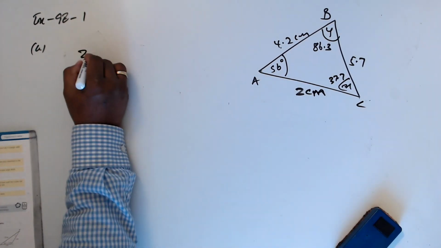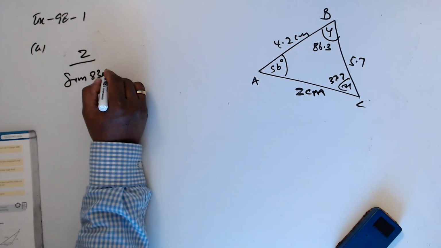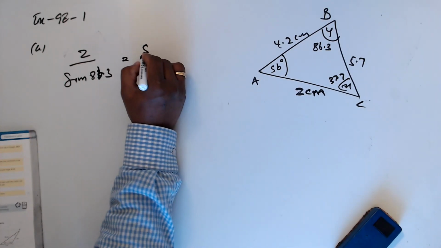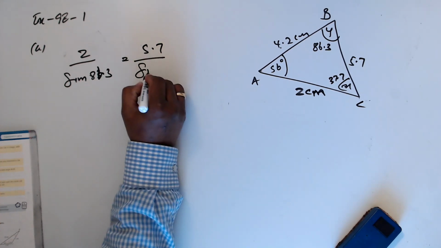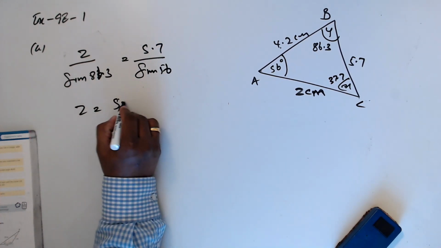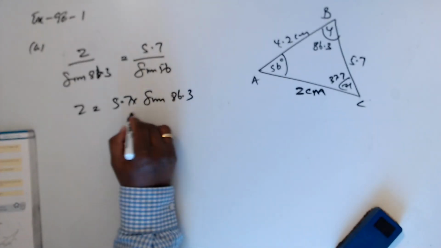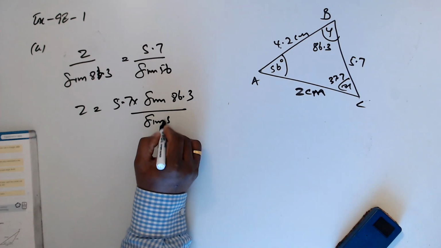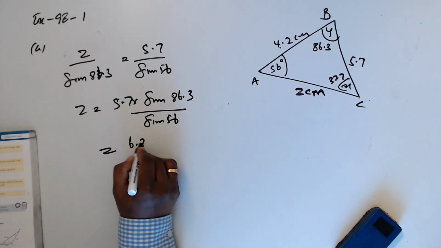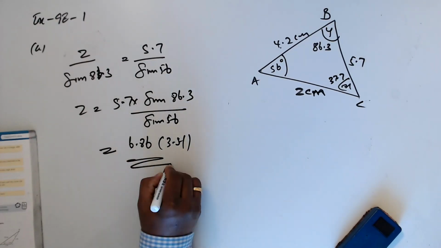So z over sine 86.3 equals 5.7 over sine 56. z equals 5.7 times sine 86.3 over sine 56, which is 6.86 to 3 SF.